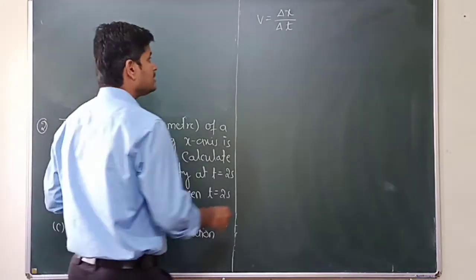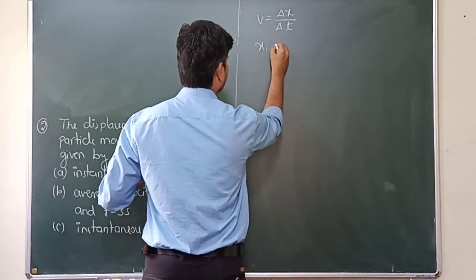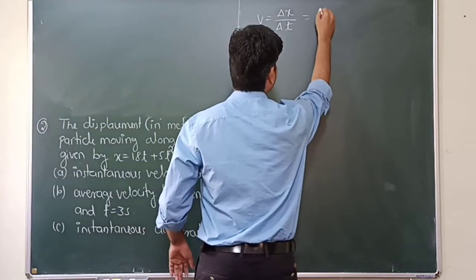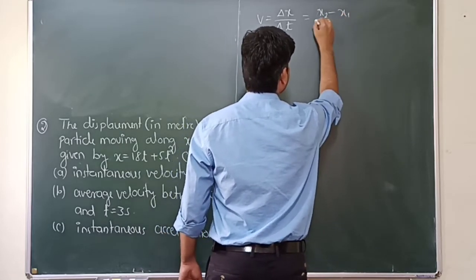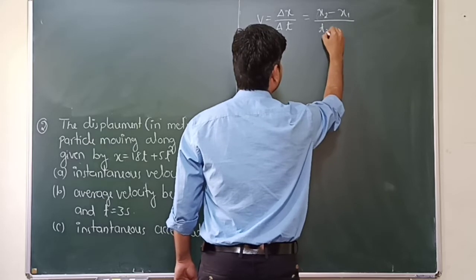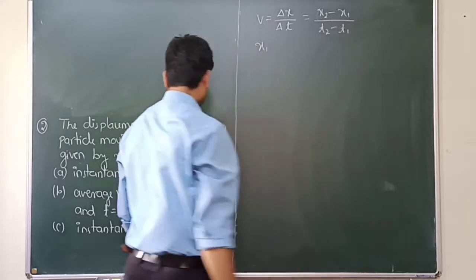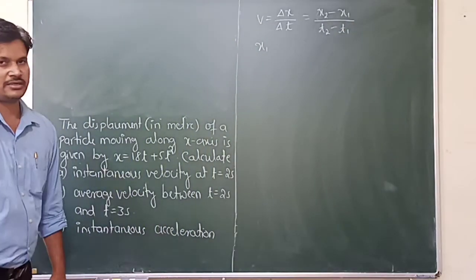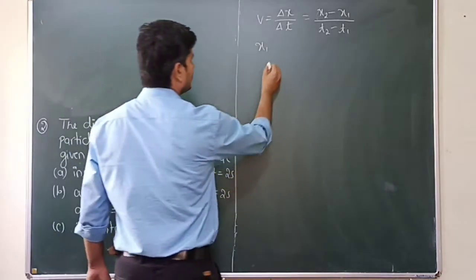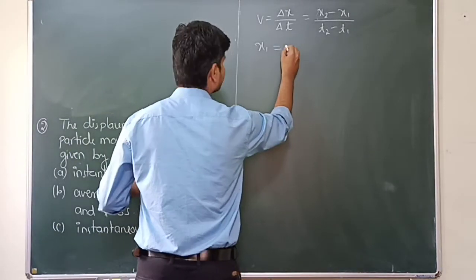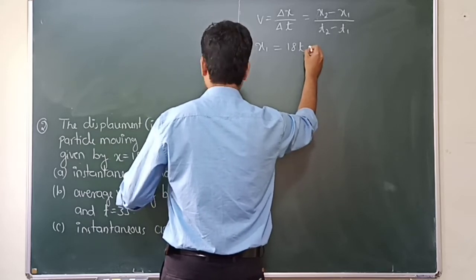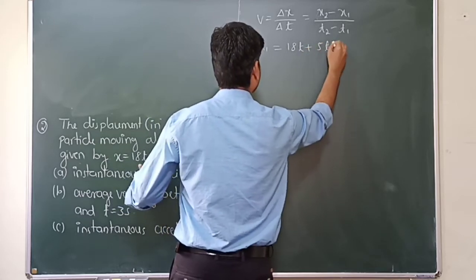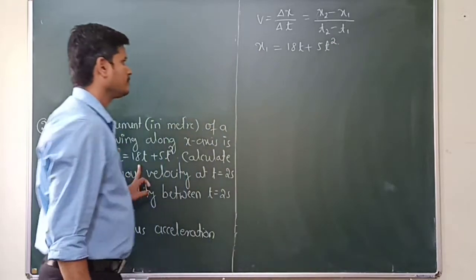First we have to take the equation v equals x2 minus x1 divided by t2 minus t1. Correct? x1 is what here? 18t plus 5t square.